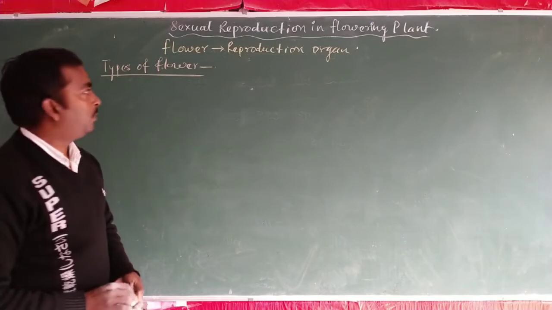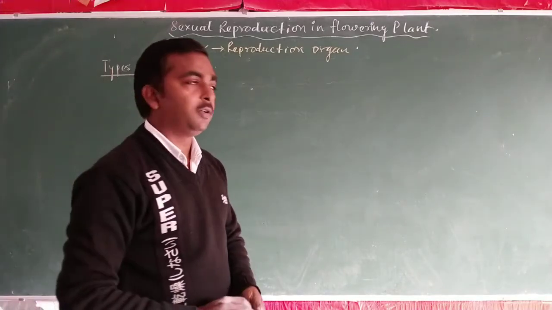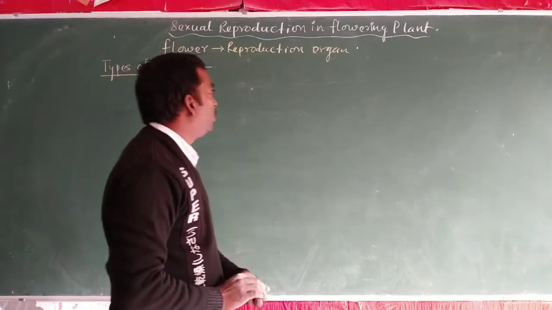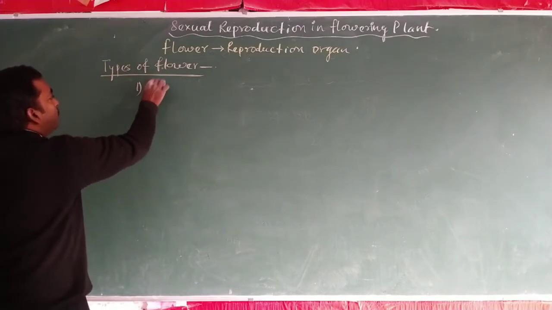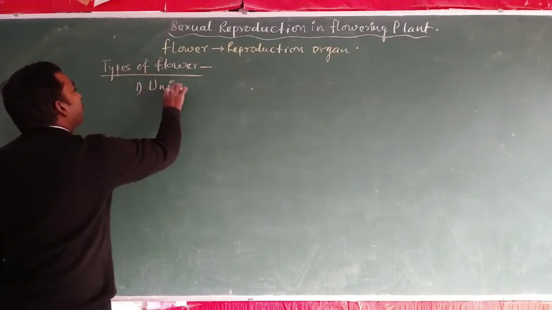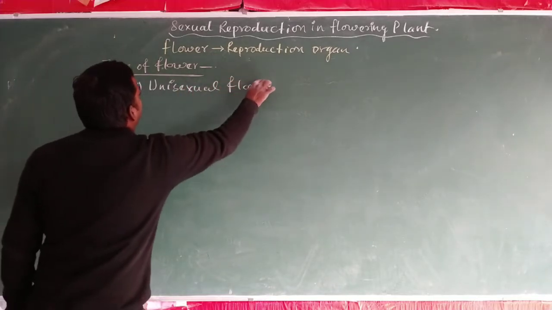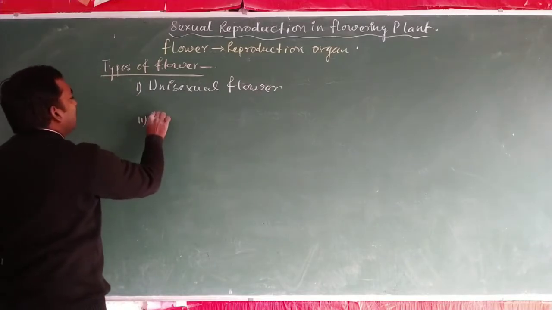On the basis of the presence or absence of reproductive organ or reproductive structure in an individual, flowers are of two types. First is unisexual flower, and then we study the bisexual flower.